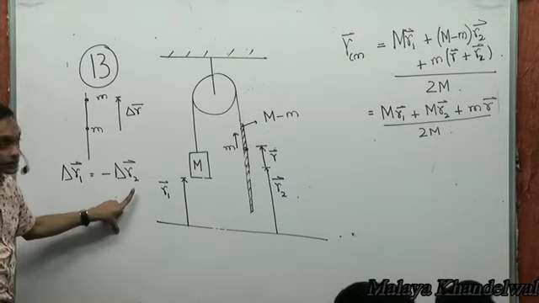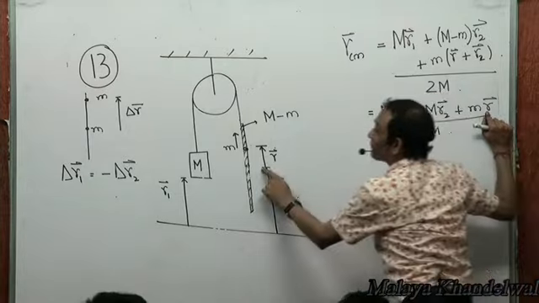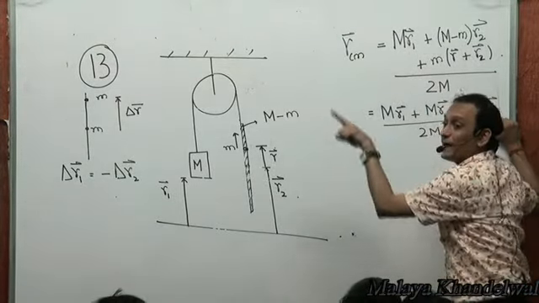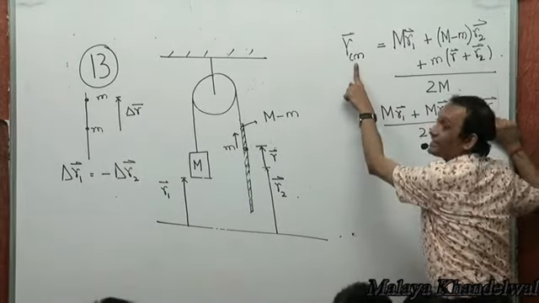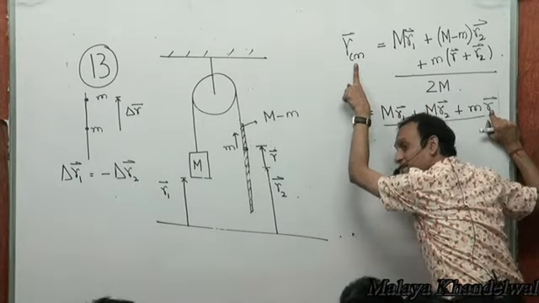Can I not say this? Now what is it that I want to find? r is the position of m with respect to the ladder, and r changes by an amount delta r. I want to find delta rCM, the change in the position of the center of mass.